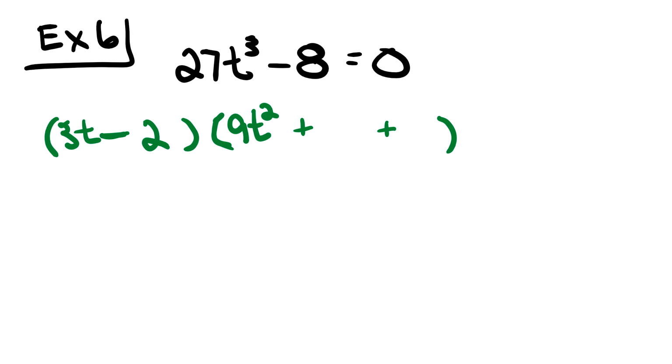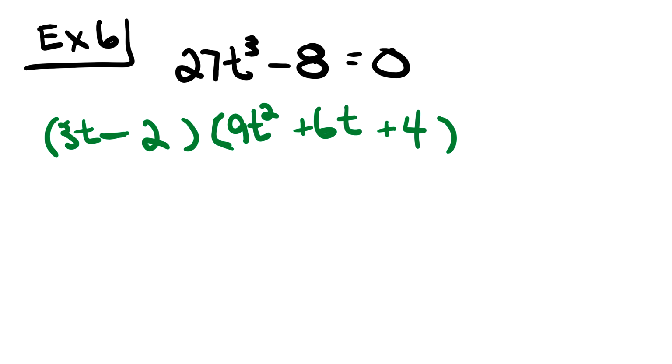I'm going to multiply the first 2 terms here together, and that's going to give me 6t. Okay. And the third term is the negative 2 squared, and that will be 4. It's always positive. So our signs are already determined here, remember that.